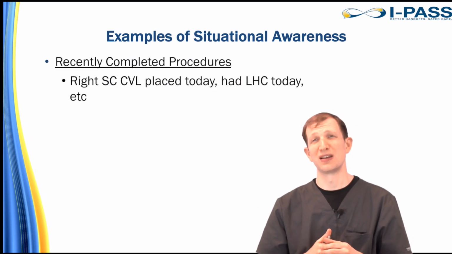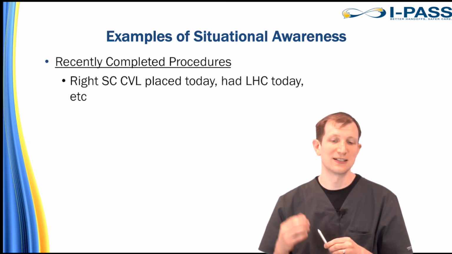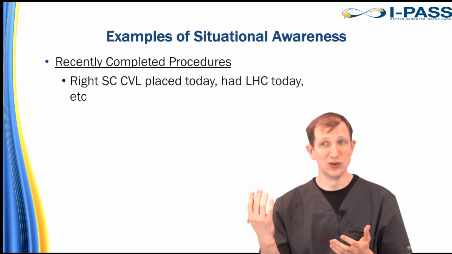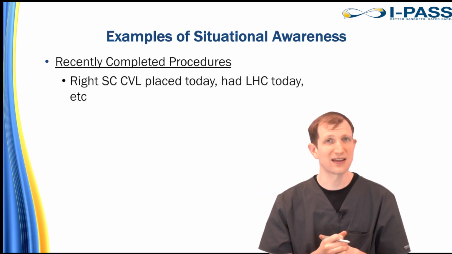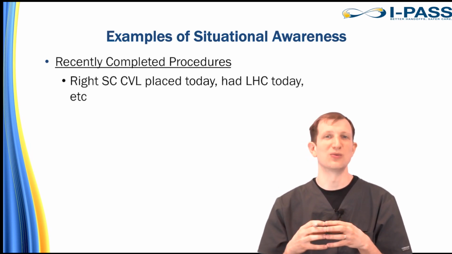Other examples might be a recently completed procedure. So let's say a patient had a subclavian central line placed or removed. They had a left heart cath. Those are all things that you would want the cross-cover team to be aware of.